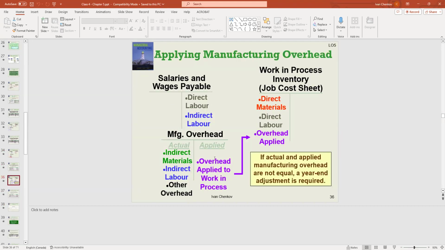Once we come up with the predetermined overhead rate, now we can charge the overhead to work in process based on the predetermined overhead rate and the actual usage of the allocation base. We want to do that. Don't forget, we want to charge our clients for the manufacturing overhead. Why?